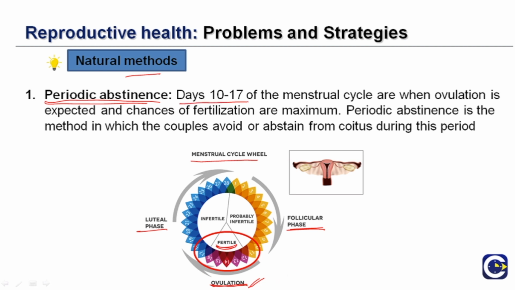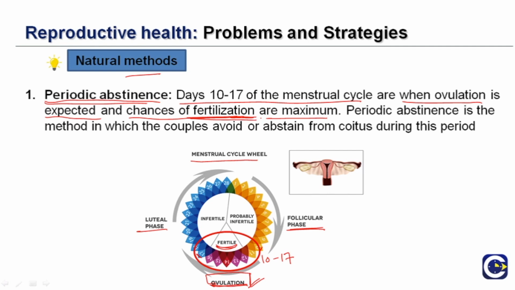So from day 10 to day 17 of the menstrual cycle, ovulation is expected and the chances of fertilization, that is a sperm meeting the egg, are maximum. So during this ovulation phase, the chances of fertilization are maximum.